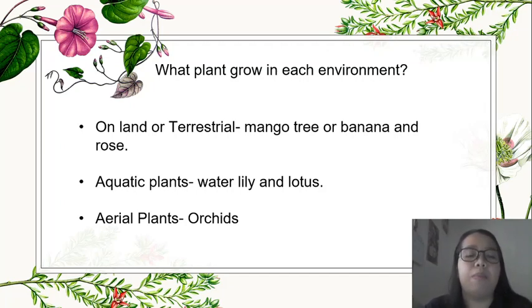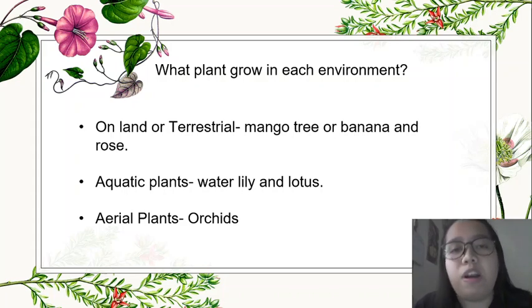And then, what plants grow in each environment? Always remember that on land, or terrestrial, we have mango trees or banana, and for the flowers, we have rose. Everything you see on land is a terrestrial plant. And then we have aquatic plants: water lily, lotus, and also water hyacinth.